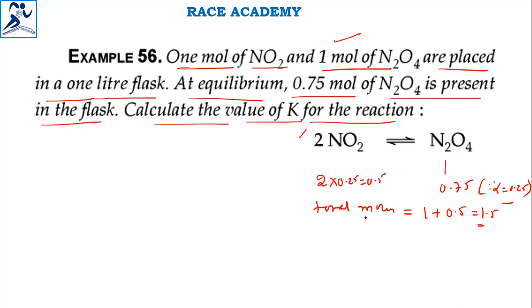Now coming to the point, the number of moles produced is 0.5, that is NO2. The number of moles at equilibrium is 0.75 plus 0.5, that is 1.25.